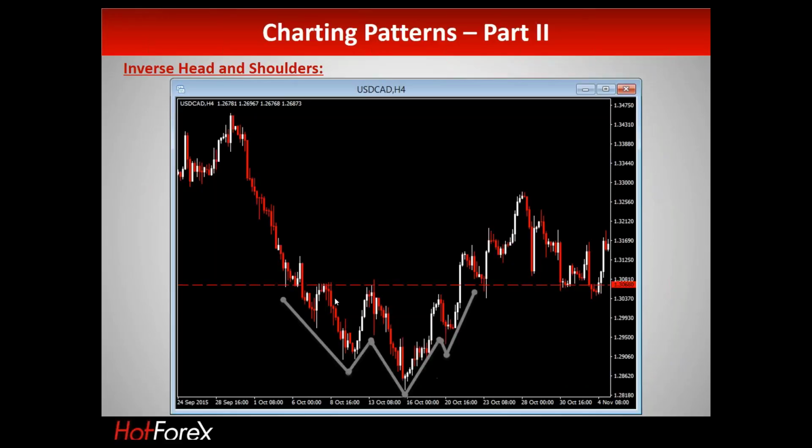You could set your neckline at this area, however it's good to set your neckline at the high price of the formation, which was this one. You can see it over here clearly.